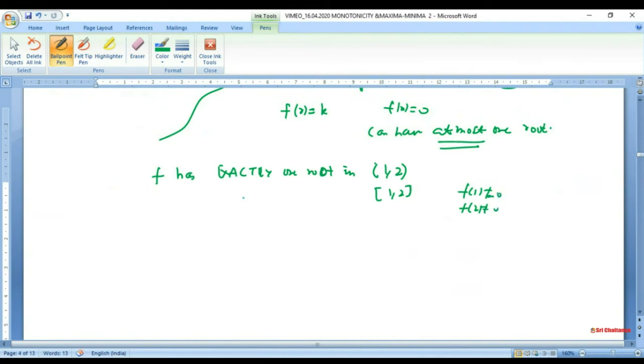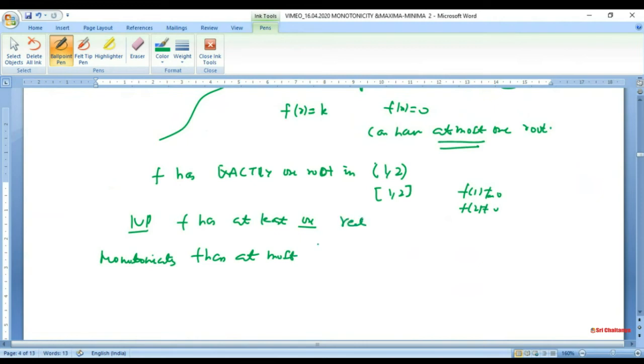So it means we are saying that f has exactly one real root. So let's review what I told. By IBP, I got that f has at least one root. And by monotonicity, I got that f has at most one root.